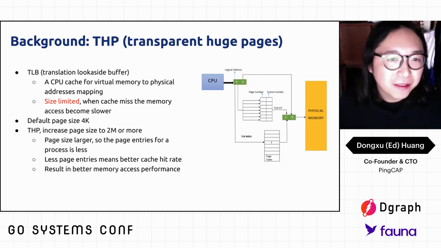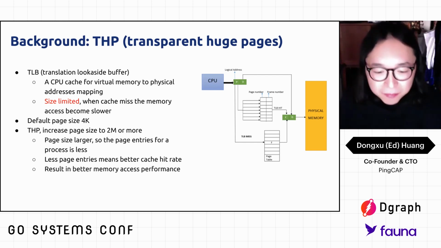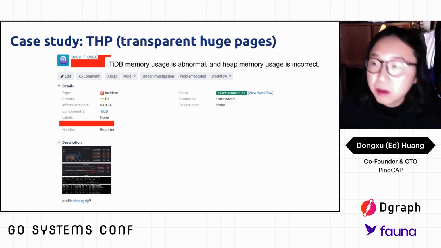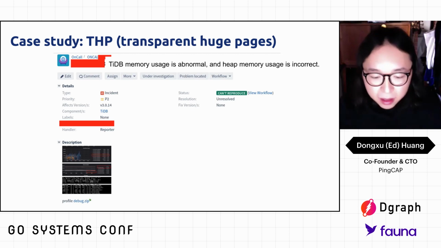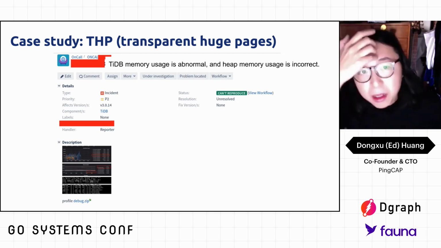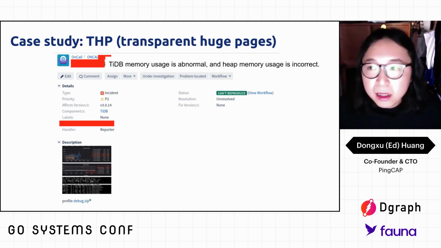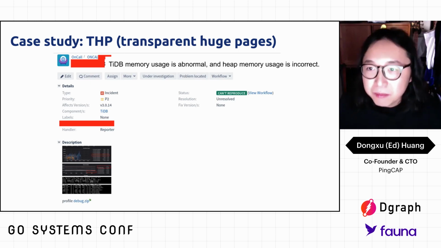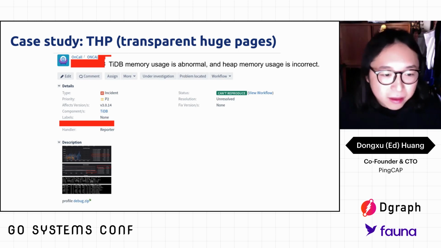Let us see. This is an on-call report from one of our customers in their production environment that is related to THP. As we can see, the title of this report is that TiDB memory usage is abnormal and the heap memory usage is incorrect.